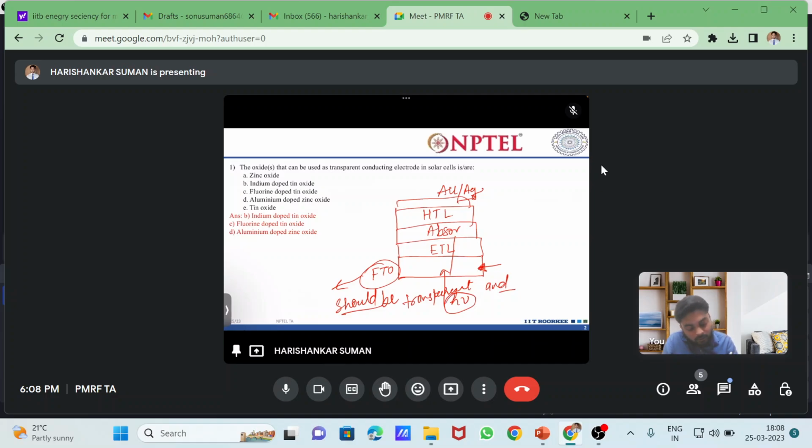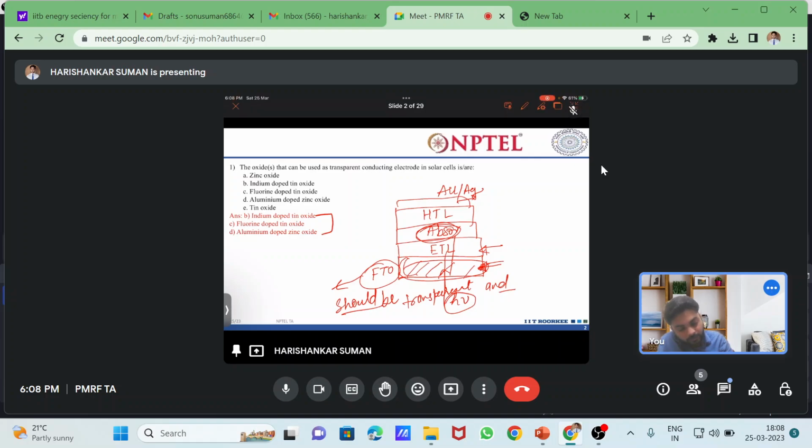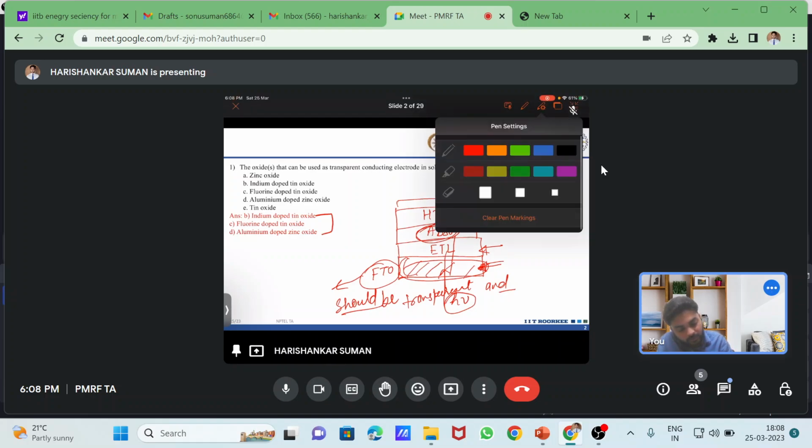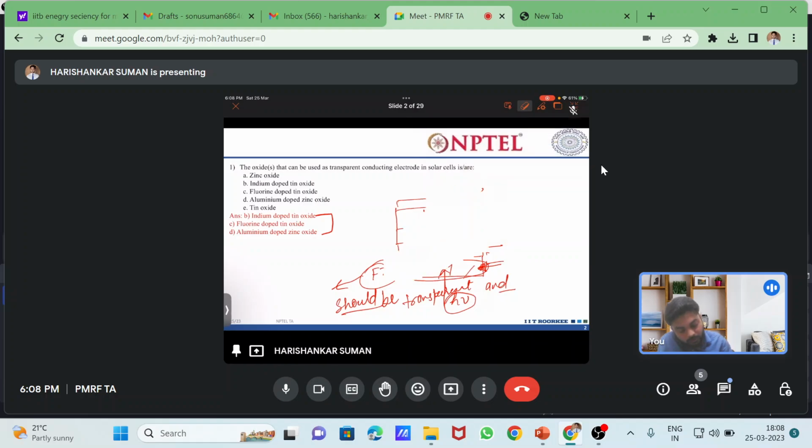If the band gap of the FTO material is low, then the FTO also absorbs light. The light should reach the absorber layer, that's why this layer should be transparent. So this material has that property. Okay, let's move.